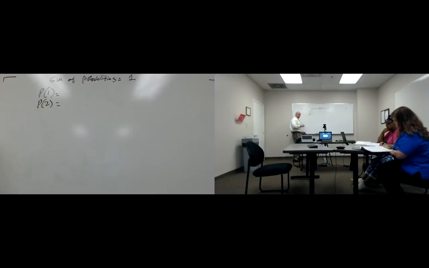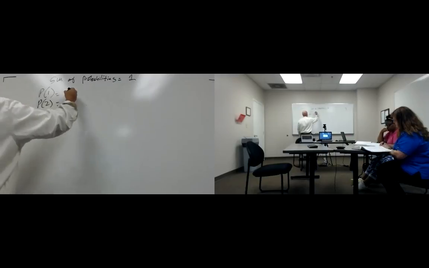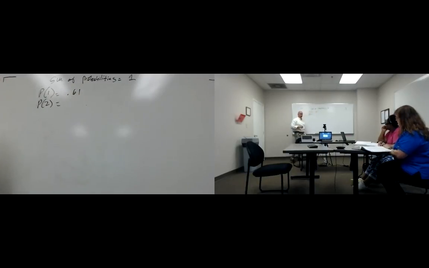If the probability of event 1 occurring is 0.61, using the complement rule, what is the probability of event 2?